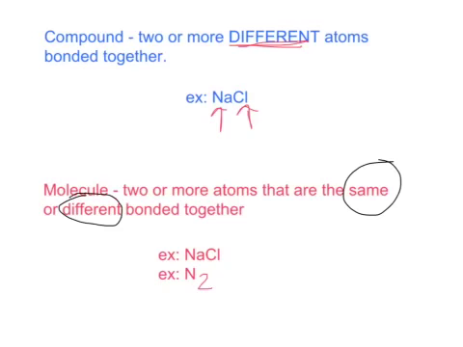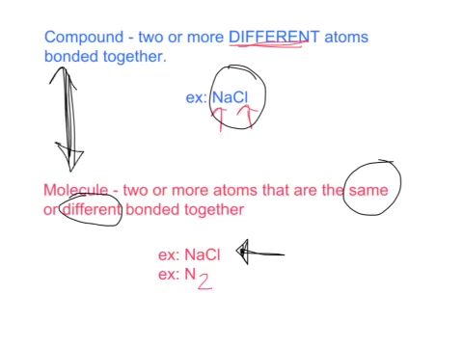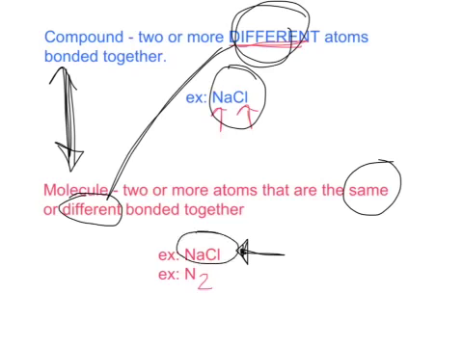You should circle these in your notes. So look, I put the same example as seen over here in compound because these two definitions have something in common. It's atoms bonded together that can be different. Okay, so this still qualifies right here as a molecule, but it's also a compound.